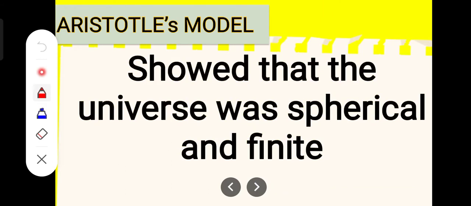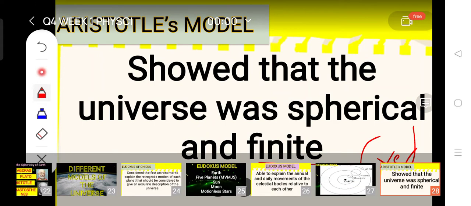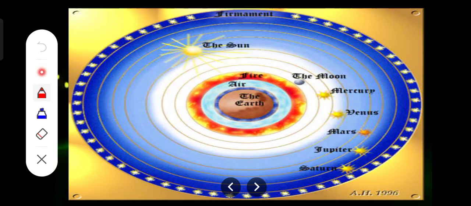Next, we have here Aristotle. Aristotle showed that the universe was spherical and finite. When you say finite, it is already fixed, constant. Okay? So Aristotle's model was patterned after the model of Eudoxus. Both of them believed that the Earth is the center of the universe.